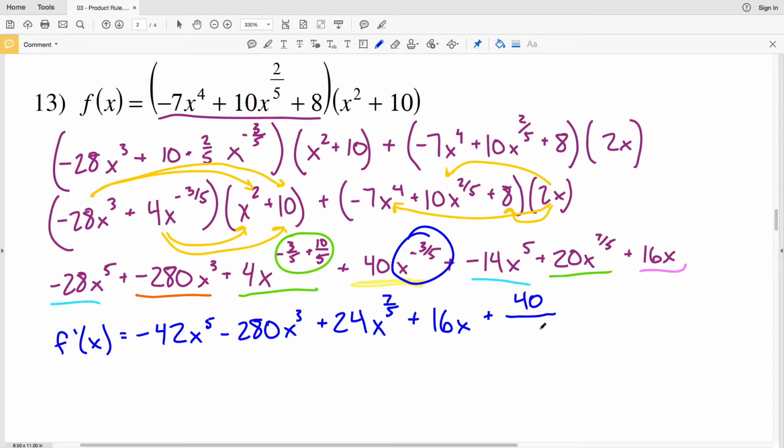So 40 over x to the positive 3/5. So negative 42x to the 5th minus 280x cubed plus 24x to the 7/5 plus 16x plus 40 over x to the 3/5 is my solution in number 13.